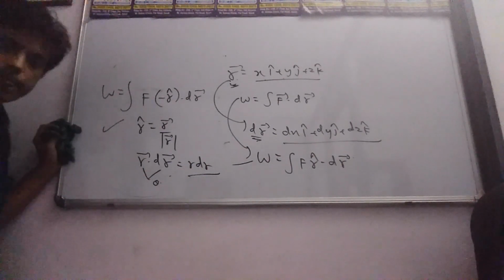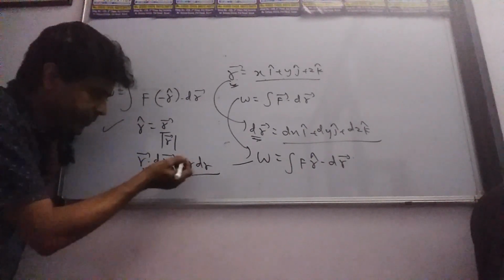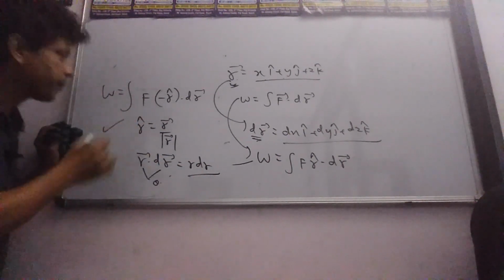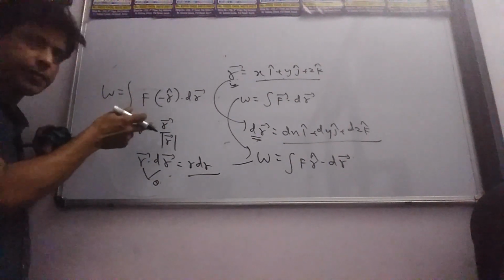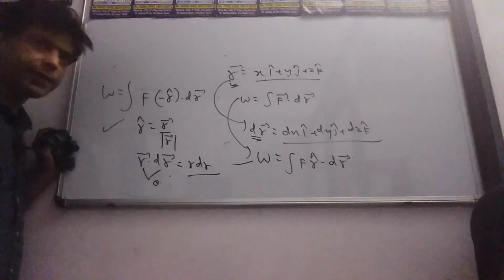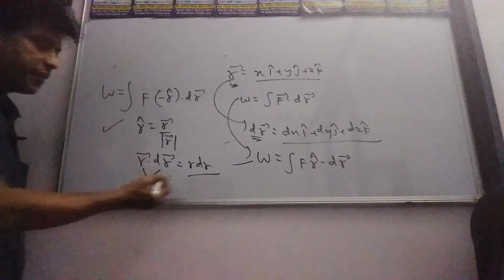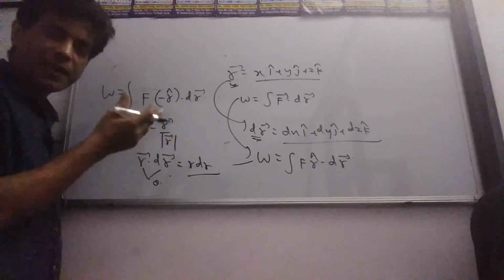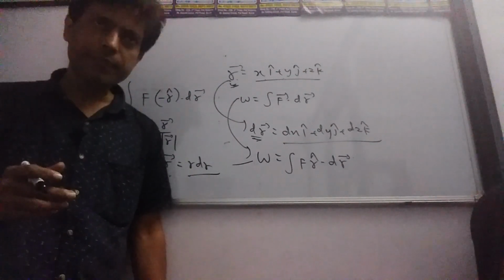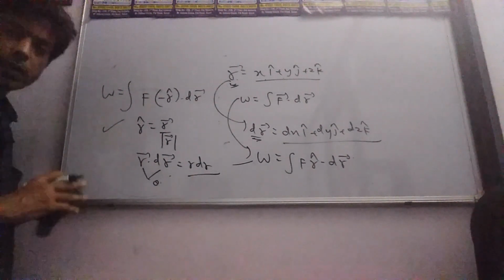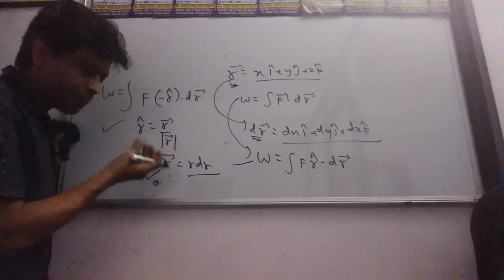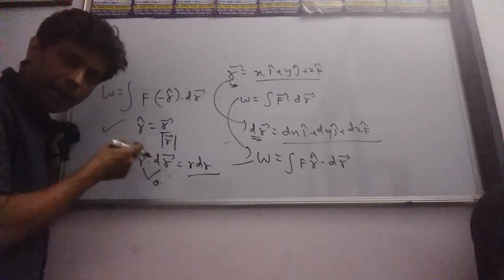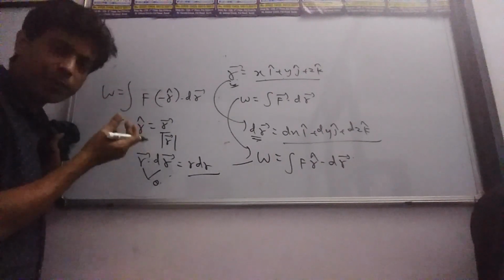These are important things actually. r cap is equal to vector r upon mod of r, and r dot dr is nothing but r dr. These are very small things but very important. In any theory, any problem is created by the smaller things, and they make a bigger problem.